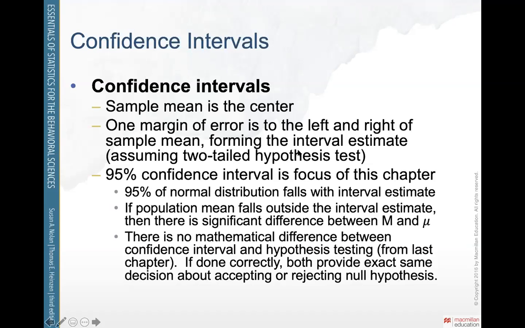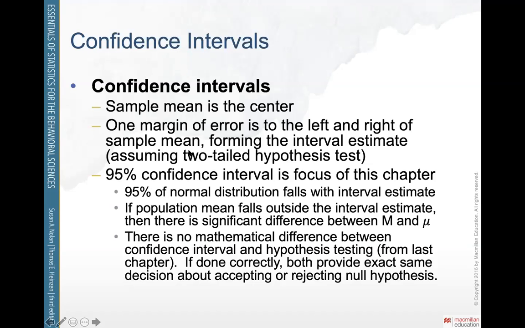And that is, by the way, assuming a two-tailed hypothesis test. Technically, if you were doing a one-tailed test, you would only have a margin of error either to the right of your sample mean or to the left of it. Though to my knowledge, based on my reading, your textbook never does that. A one-tailed confidence interval is incredibly uncommon. I don't think I've ever actually seen one.